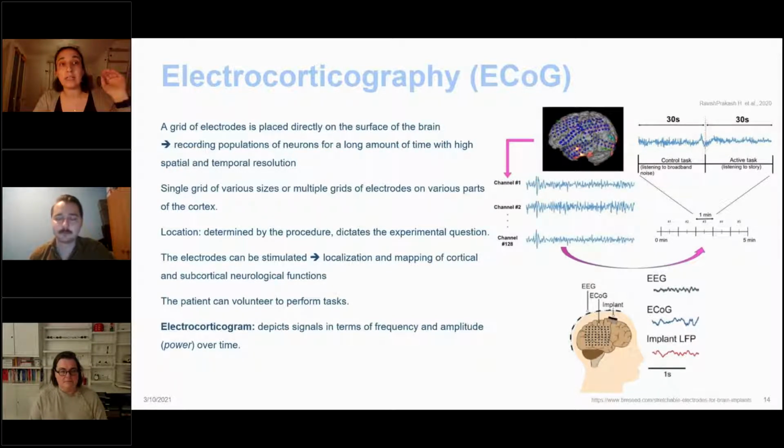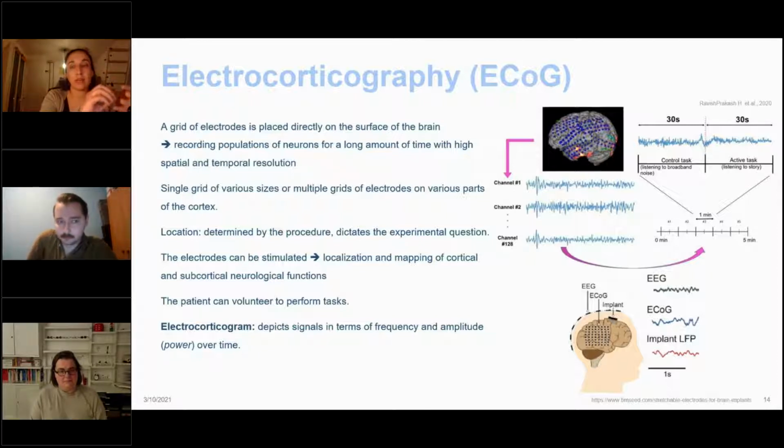Usually ECoG is used in patients that would anyway go through brain surgery, usually epilepsy patients. There's a first operation where the surgeon puts the ECoG grid on the brain.